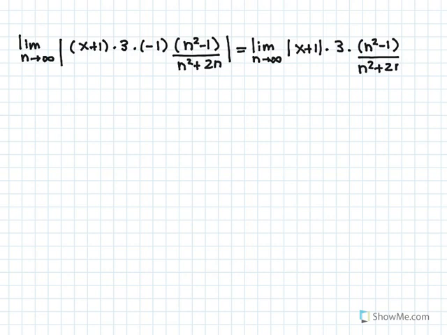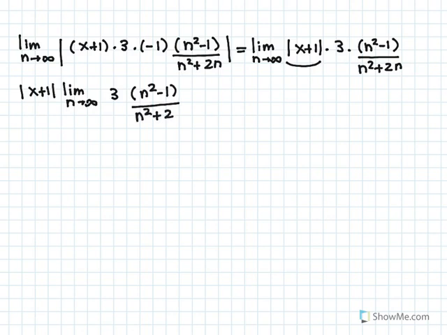Now, the absolute value of x plus 1 doesn't depend on the limit, so let's remove it outside the limit. So we get the absolute value of x plus 1 times the limit as n approaches infinity of 3 times n squared minus 1 divided by n squared plus 2n.